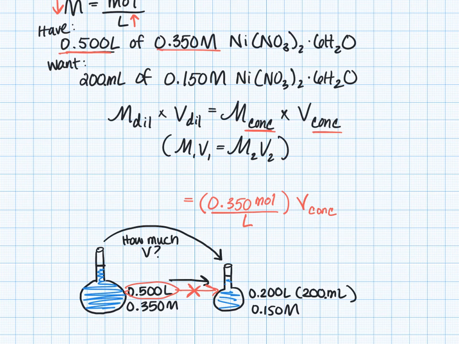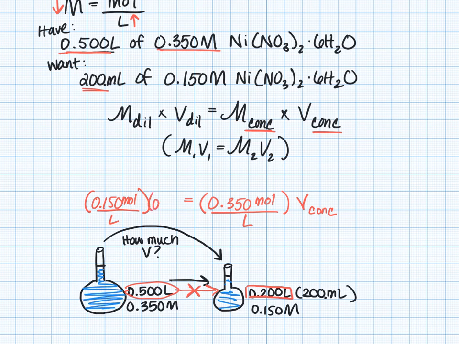Okay, so now I'm going to plug in M diluted. So the diluted molarity that I want is 0.150 moles per liter, and I want 200 milliliters. Now I'm going to convert this into liters, so my liters cancel out, and I've already done that right here. I'm not going to show you that conversion because you should know that there are 1,000 milliliters per 1 liter.